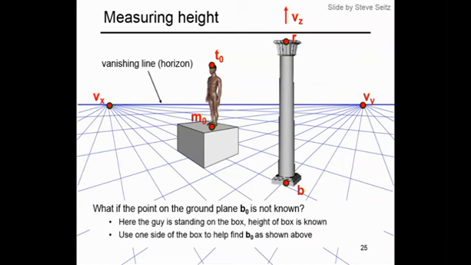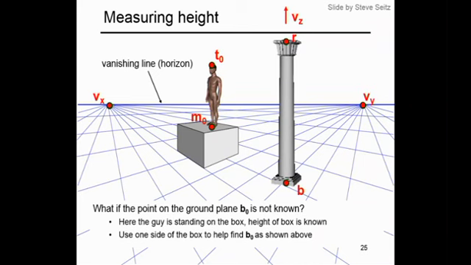Well, maybe the height of the box could help, but even if I knew the height of the box, I wouldn't really be able to do it by itself. The point on the bottom of the box where the man is standing, the base point of that. Yes, that's right.